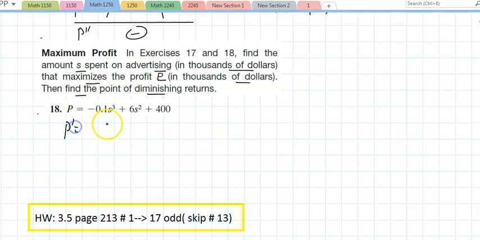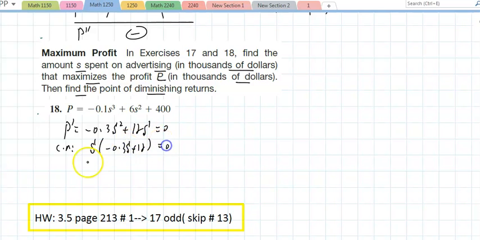Well, to find a maximum of anything, we take a derivative. Where does that equal 0? You want the critical numbers. So take s times negative 0.3s plus 12 equals 0.